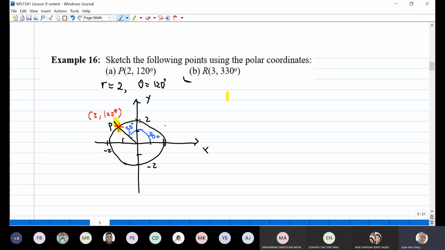Let's find another point, the point R now. Let's draw it. Before that, let's see what this means. It means r equals 3 now. The distance from the origin is 3. The angle is 330. So let's try to draw the point. Where is it? You have the x and y axes here.